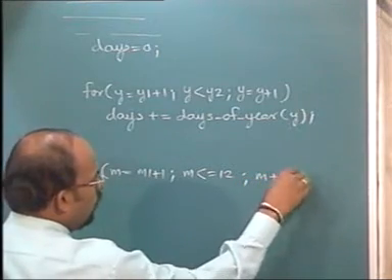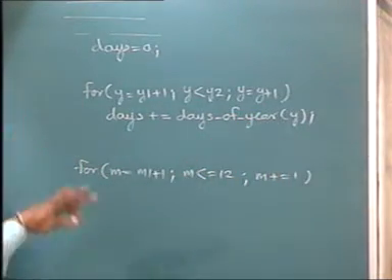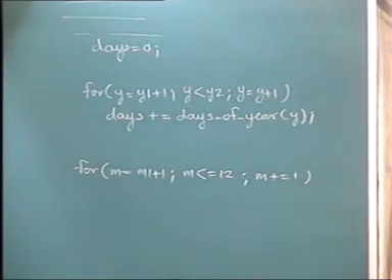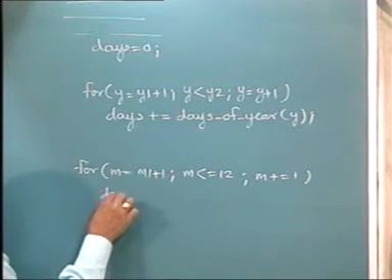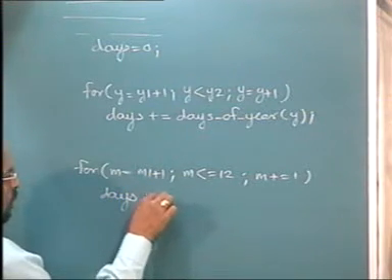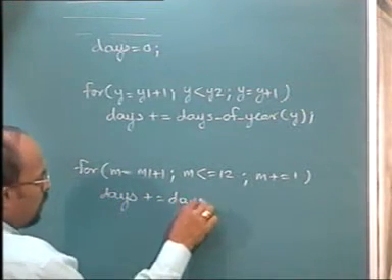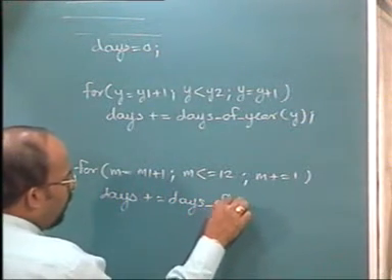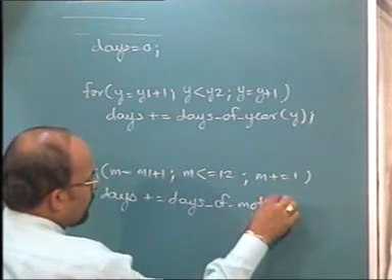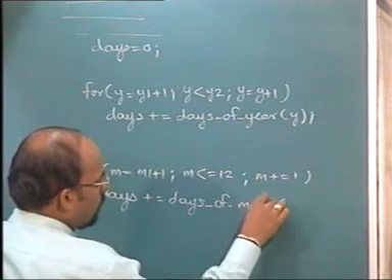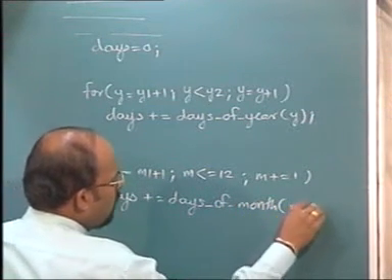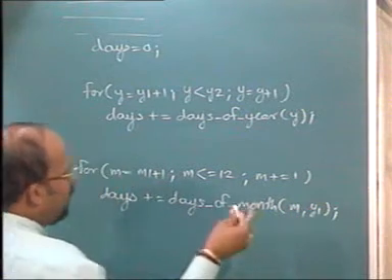I am making the changes now step by step, though we have not yet learned the operator plus plus. I will say days plus equal to days of month m comma y1. I require the year code.